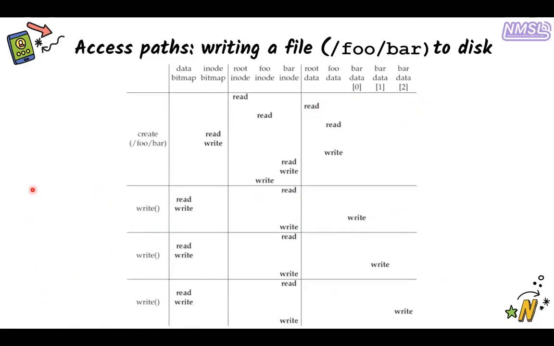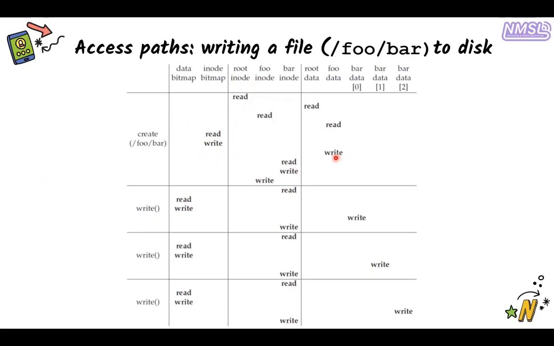Write, on the other hand, let's say we're creating a file and writing it. So here, you look at the inode, you read, then the important part is that you need to actually read and write the inode bitmap, since you're creating a file. So now you're touching the bitmap side.